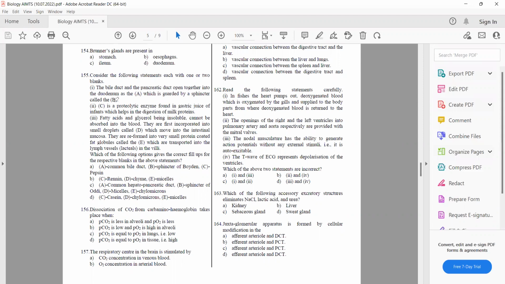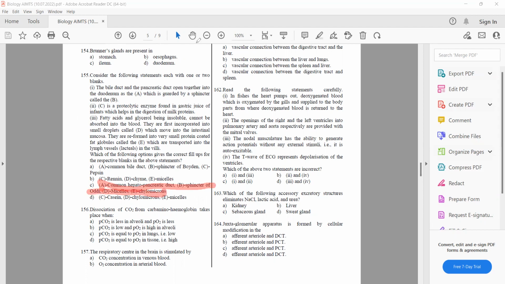And fatty acids and glycerol, we know they are insoluble, so they have to get incorporated into micelles, and again they get reformed into small protein-coated particles. We call them chylomicrons, and they are absorbed in the villi. So for this question, C will be the right one. So A, common hepatopancreatic duct, sphincter of Oddi, and micelles and chylomicrons will come there.